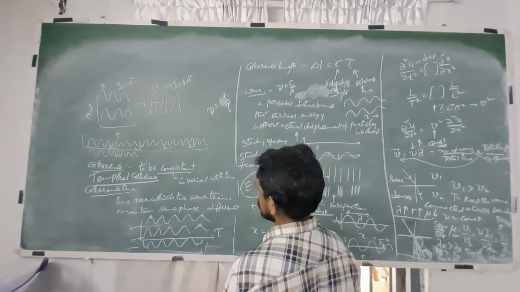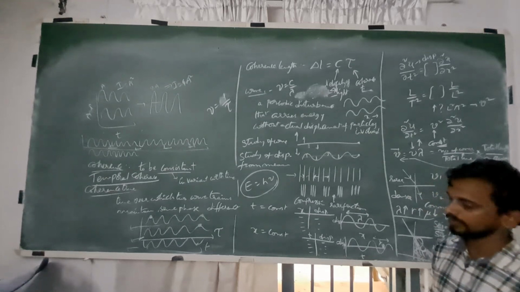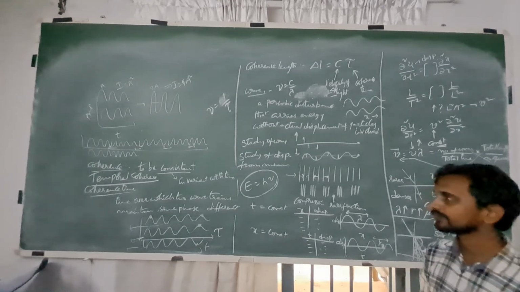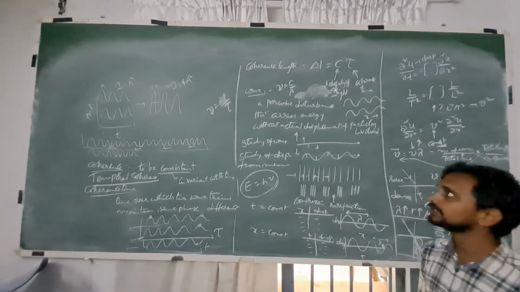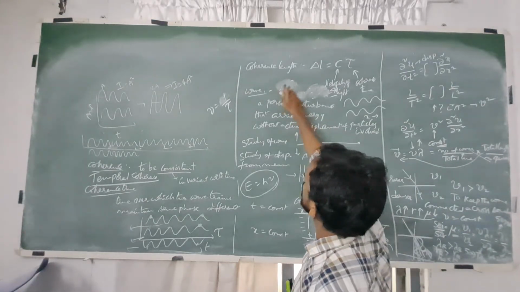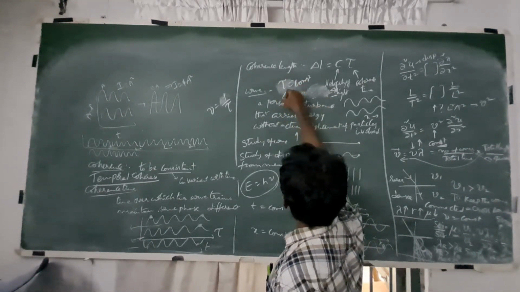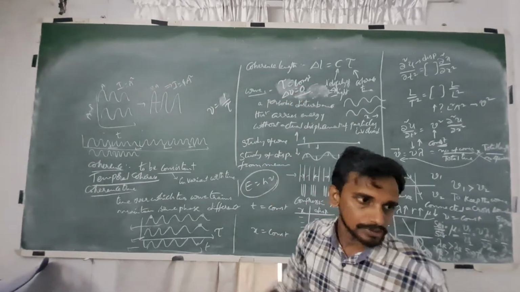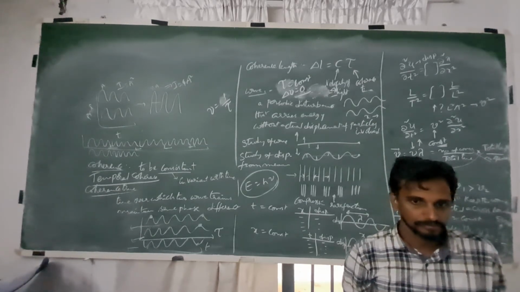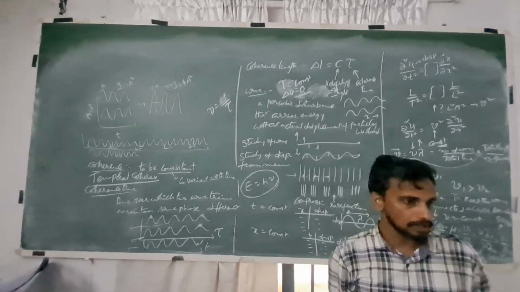Here the time period remains constant, it is invariant, there is no change in time period. So the corresponding change in frequency is also 0. So for light to have temporal coherence, the change in frequency should be 0. So all monochromatic light sources are temporally coherent.